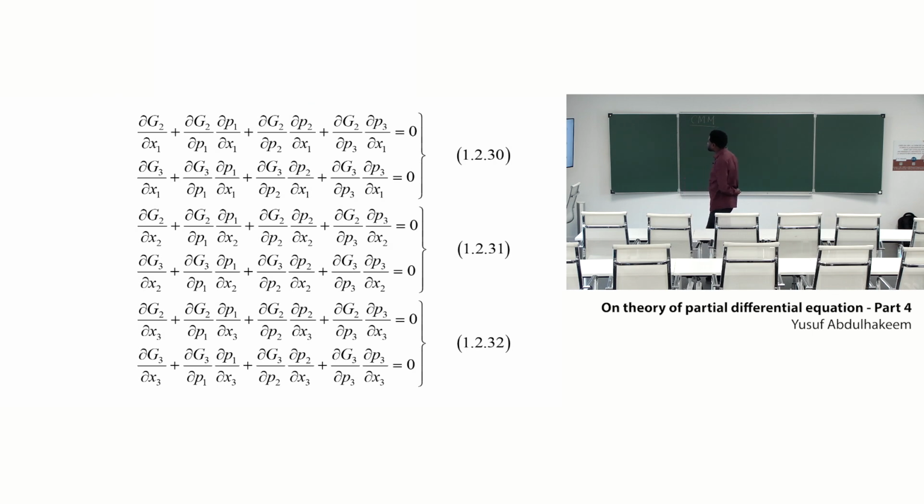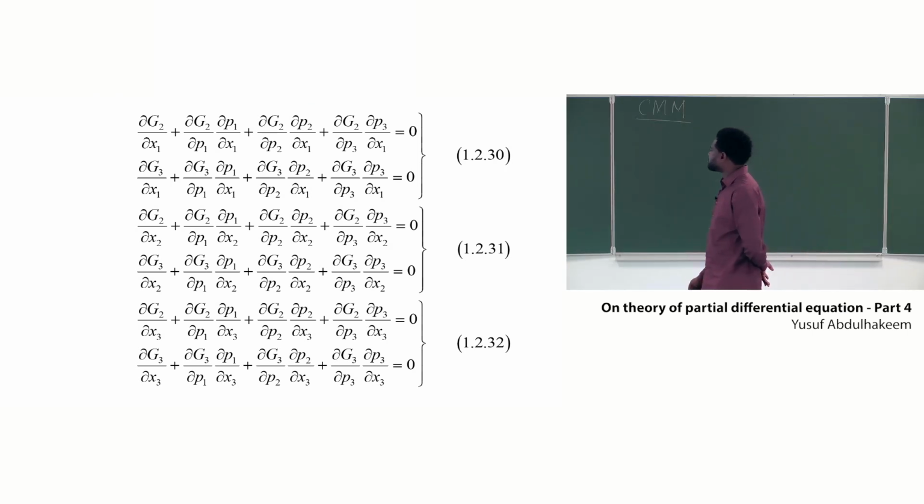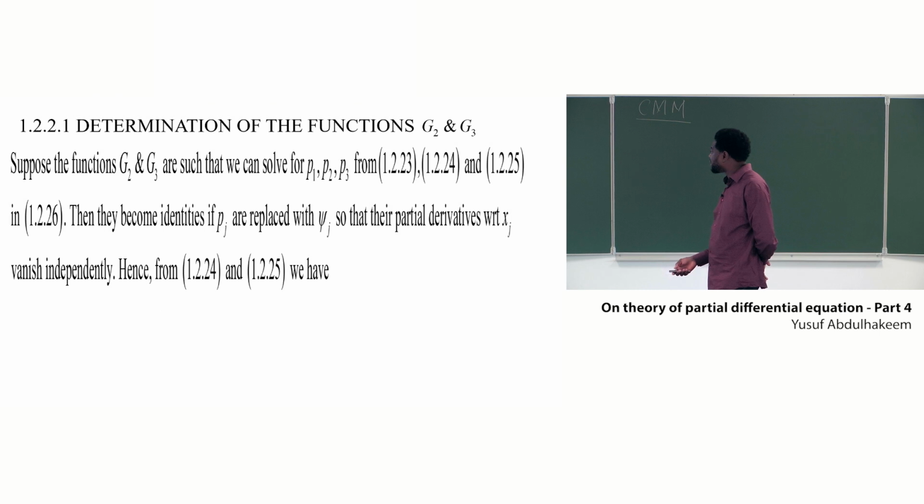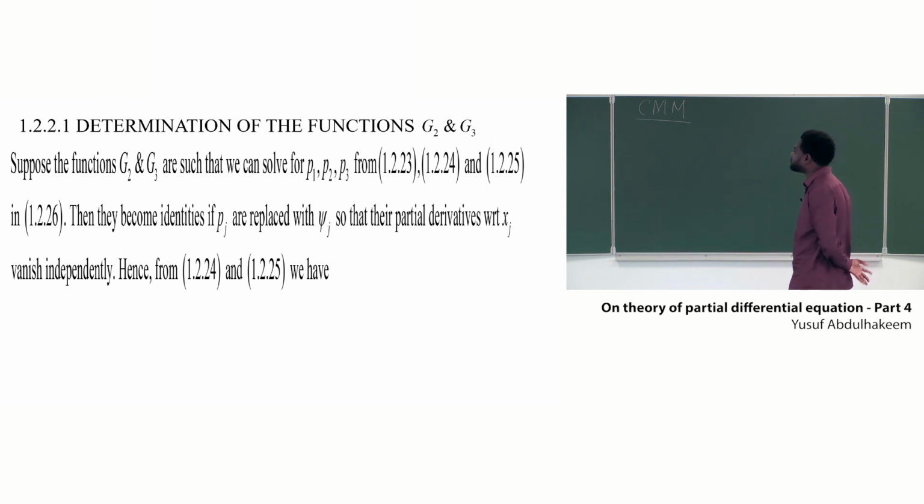Here also we differentiate g2 in terms of x1, x2, x3, like that, and g3 also gives us similar results, because we recall that g2 and g3 depend on x1, x2, x3, p1, p2, p3.